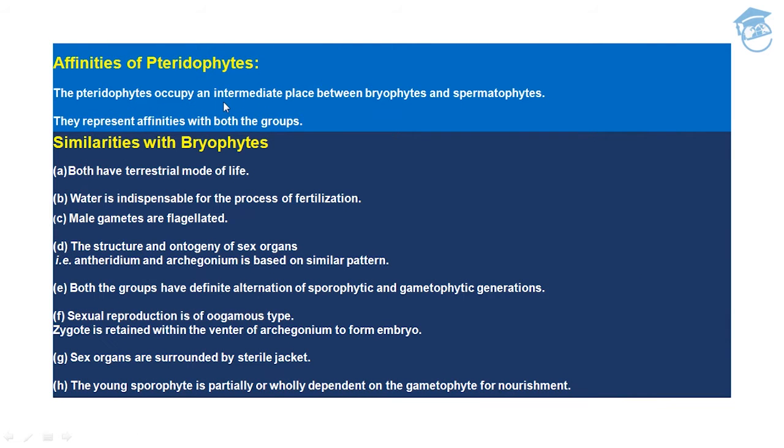Affinities of pteridophytes. The pteridophytes occupy an intermediate place between bryophytes and spermatophytes. They represent affinities with both the groups. So first we'll study the similarities of pteridophytes with bryophytes. Both have a terrestrial mode of life, and water is indispensable for the process of fertilization.